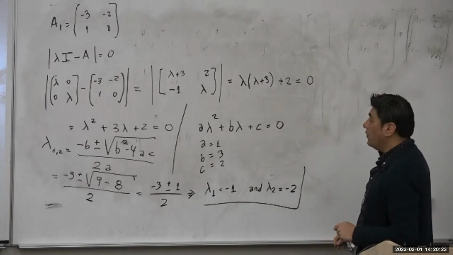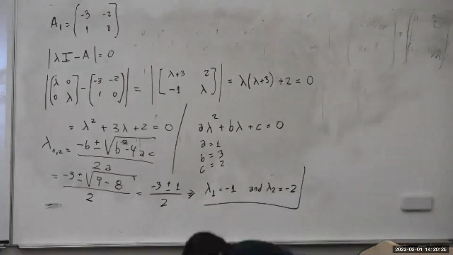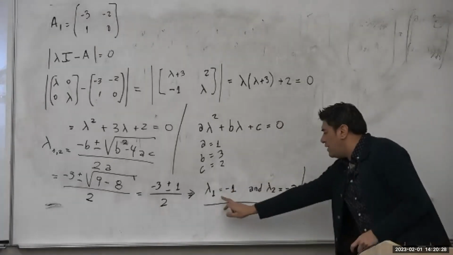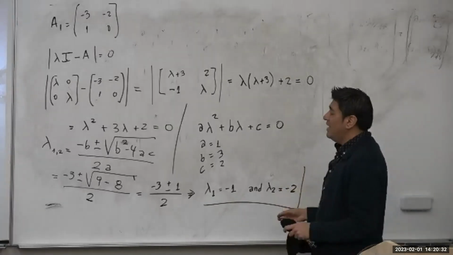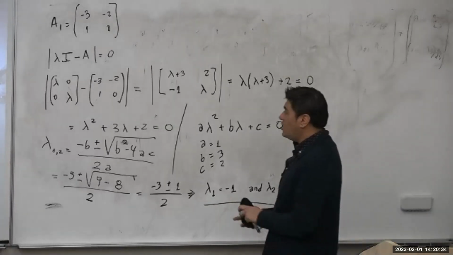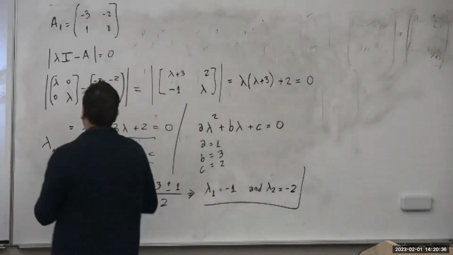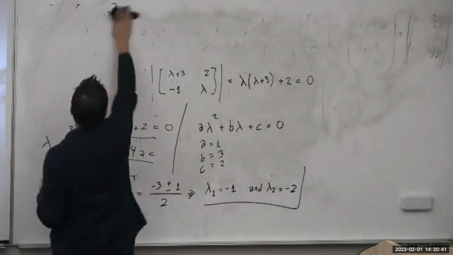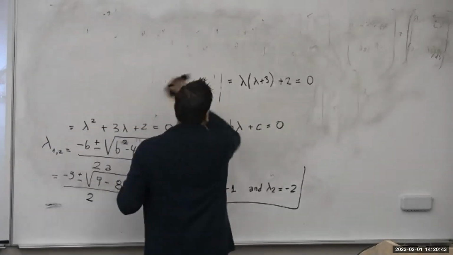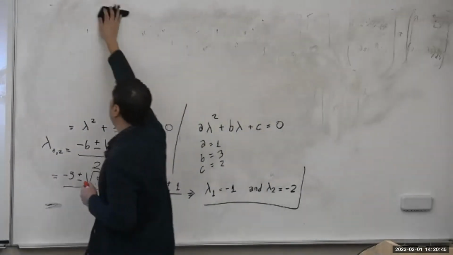Now we need to work on the eigenvectors. So for each one of these eigenvalues, we need to replace it in our equation of the singularity, and we need to try to figure out what is that direction for which we will have a singularity.